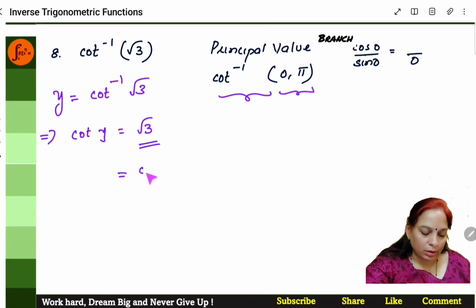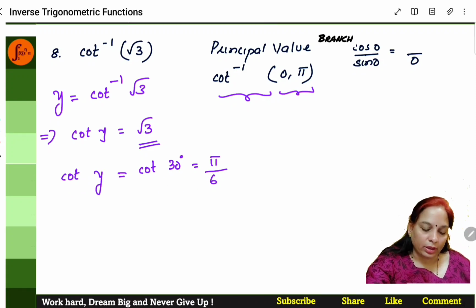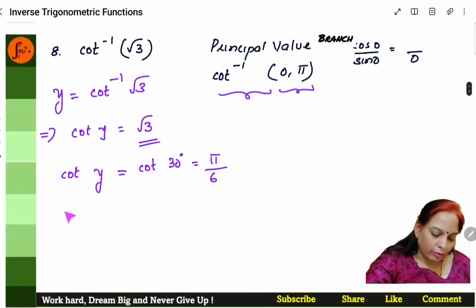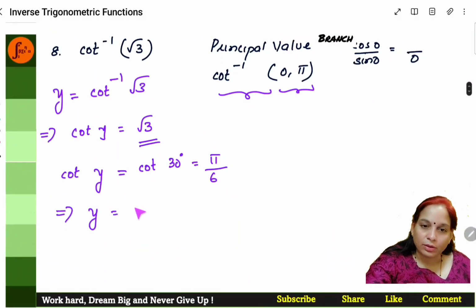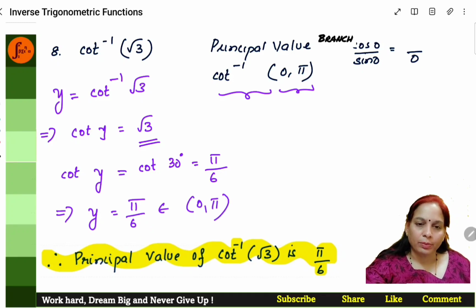Root 3 is nothing but cot 30 degrees, which is nothing but pi by 6, right? So cot y is equal to cot pi by 6. Therefore y is equal to pi by 6, and pi by 6 is within the range 0 to pi.